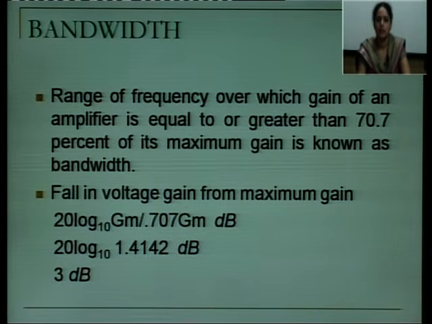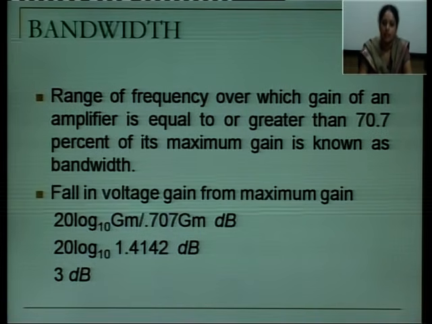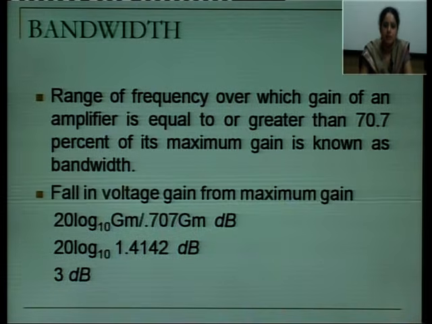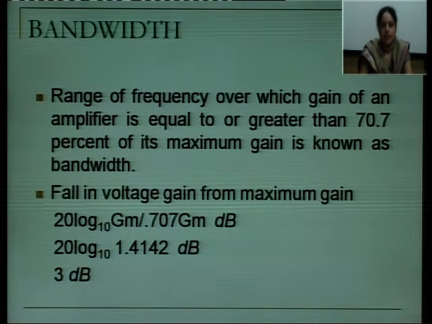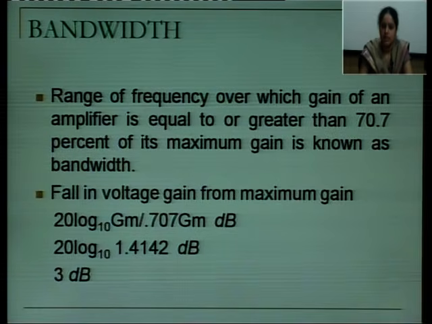Now, the last parameter is your bandwidth. We all know bandwidth is the range of frequency over which gain of an amplifier is equal to or greater than 70.7% of its maximum gain, and it is known as your bandwidth. Also, we have to calculate it in terms of your voltage gain. In terms of your voltage gain, we have defined that it is equal to or greater than 70.7% of its maximum gain.